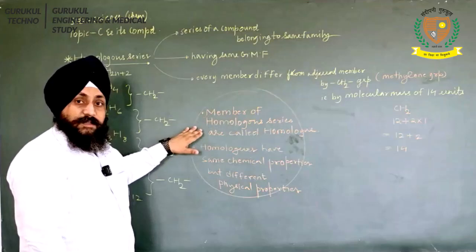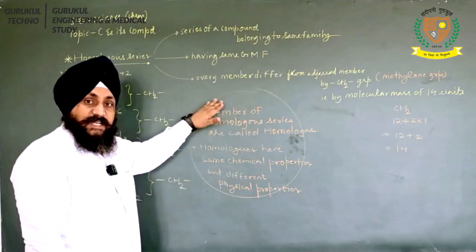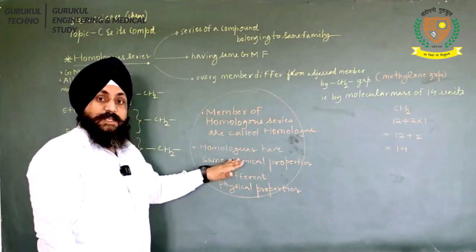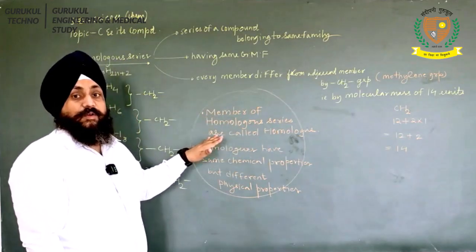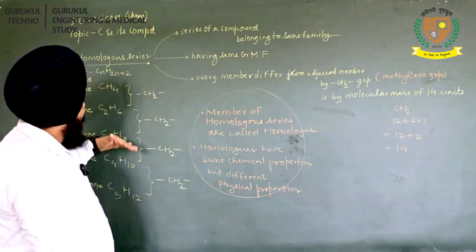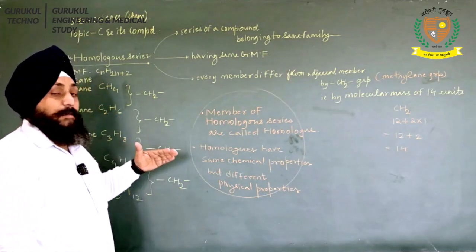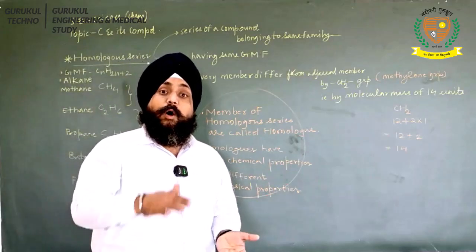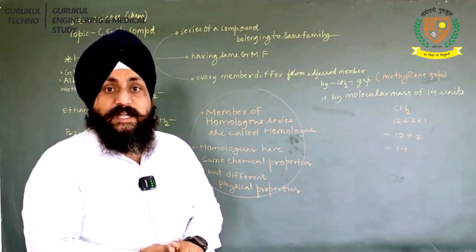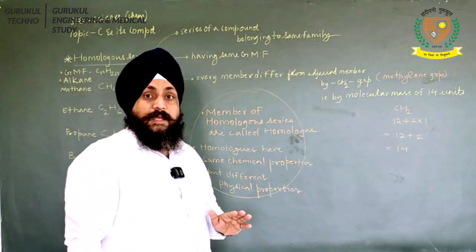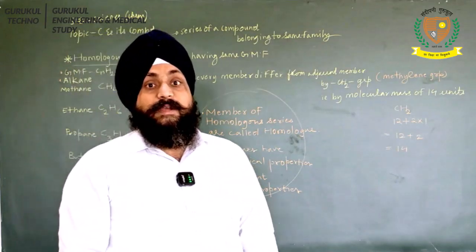See students, these members of homologous series are called what? They are called homolog. You say members of homologous series are called homolog, and you say member of homologous series have similar chemical property. All the members of homologous series, that is all homologs, will be having similar chemical property, but their physical property will be different.